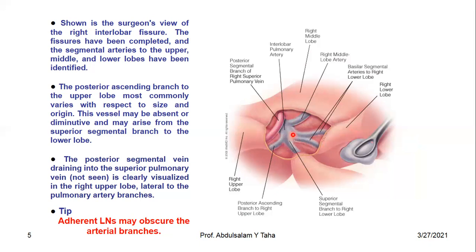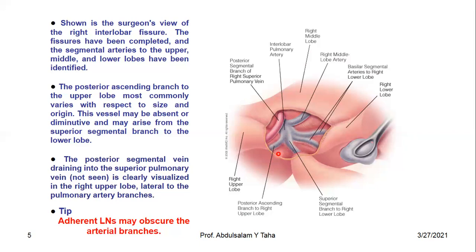This is the interlobar pulmonary artery, giving rise to the middle lobe artery anteriorly, and opposite to it is the superior segmental branch to the lower lobe, and the basilar segmental arteries to the right lower lobe. And this is the posterior ascending branch to the right upper lobe, accompanied by the posterior segmental branch of the right superior pulmonary vein.